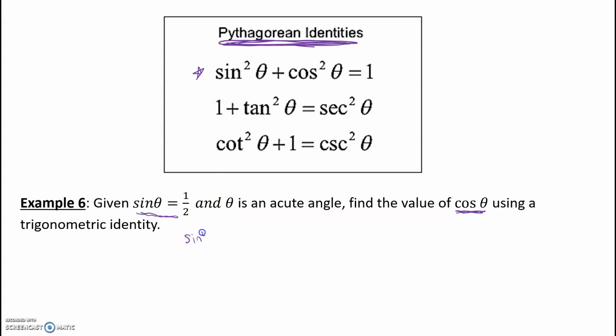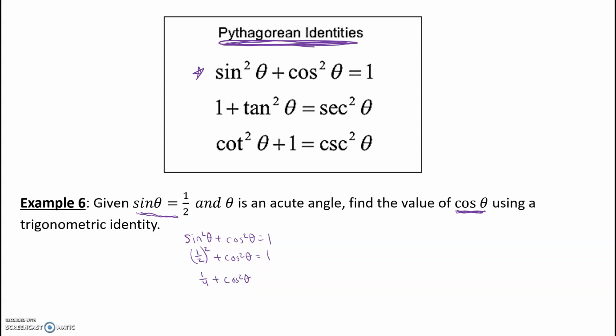We have that sine squared theta plus cosine squared theta equals 1. Now sine of theta is 1/2. We want sine squared theta. We don't know cosine, and we still have equal to 1. 1/2 times 1/2 is 1/4.